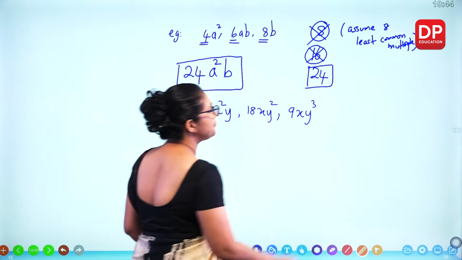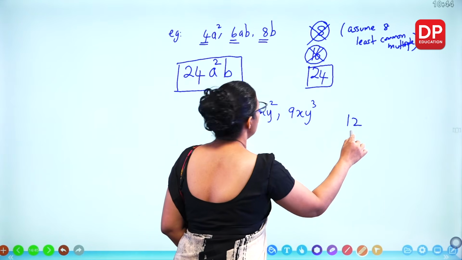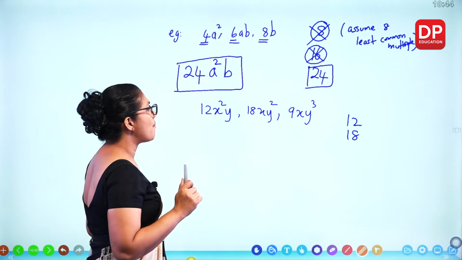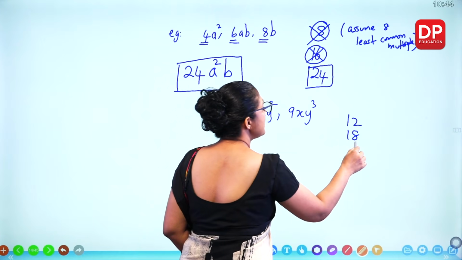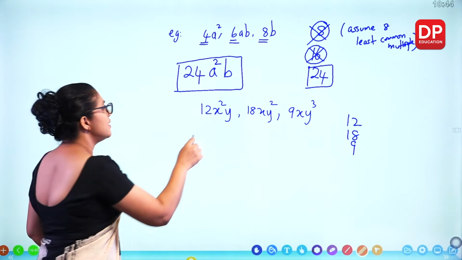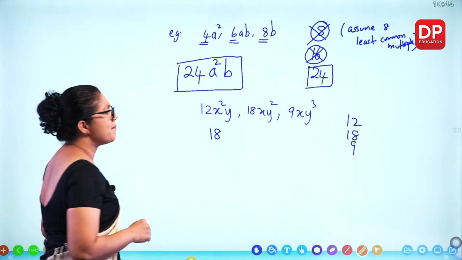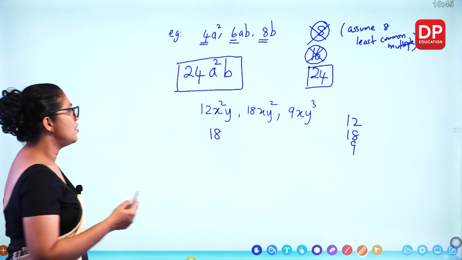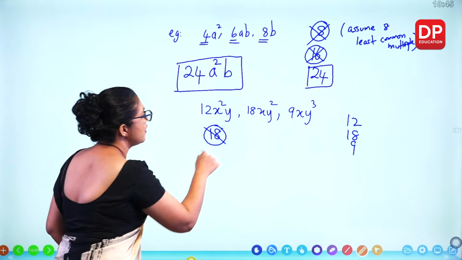Now we'll take this also using our short method, 12, 18 and 9. So what's the least common multiple of 12, 18 and 9? So we'll take highest number as the least common multiple. Can you divide 18 by 12? No. So you have to ignore that.